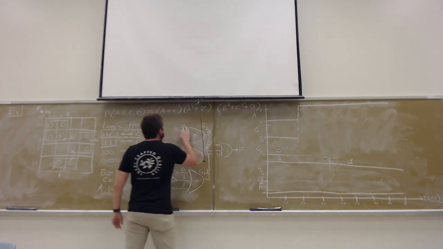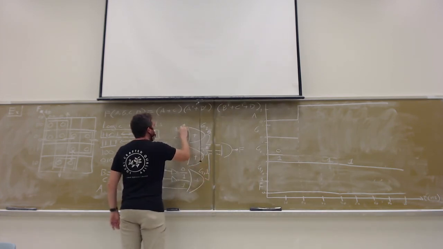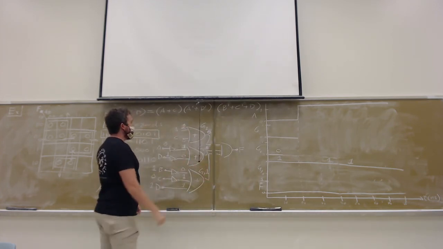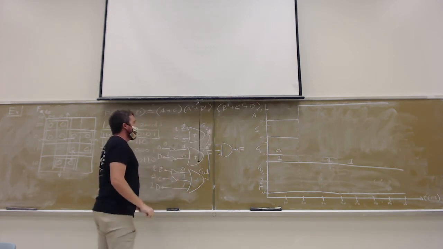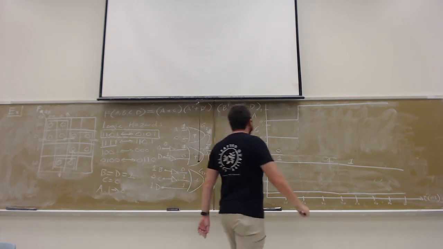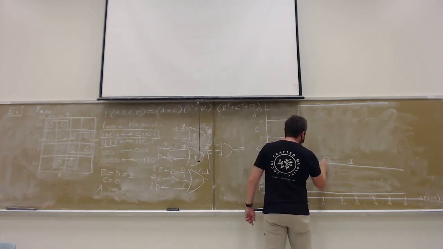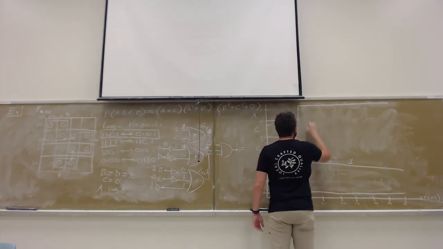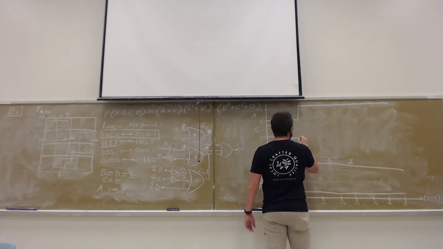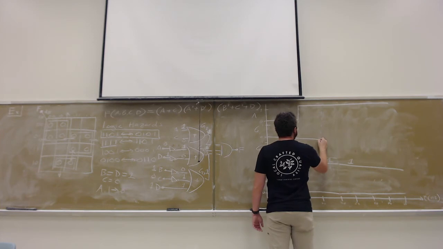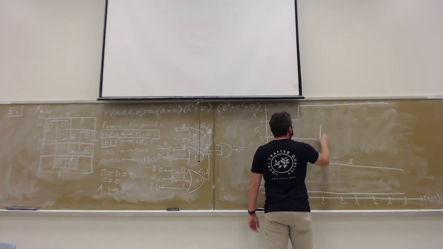Then A goes to 1, which means that G1 goes to 1, but not for 10 nanoseconds, so that won't be until the 30 nanosecond spot. And then it'll stay there.